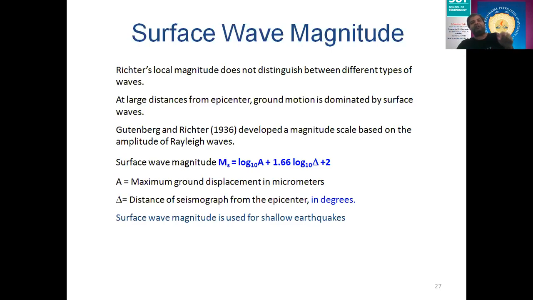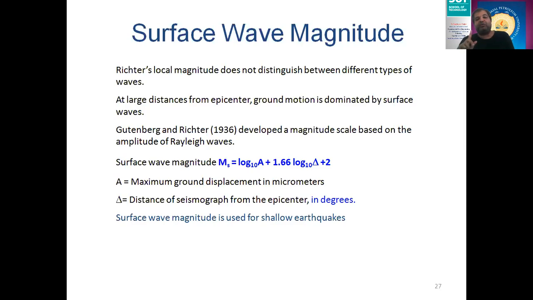Here we are taking the amplitude of the surface wave. In the ML scale, irrespective of the wave, we took the maximum amplitude, which is the Richter magnitude we saw earlier, right? So that is the basic difference in taking the amplitude in each of the three magnitude scales. Delta is the distance of the seismograph from the epicenter in degrees.